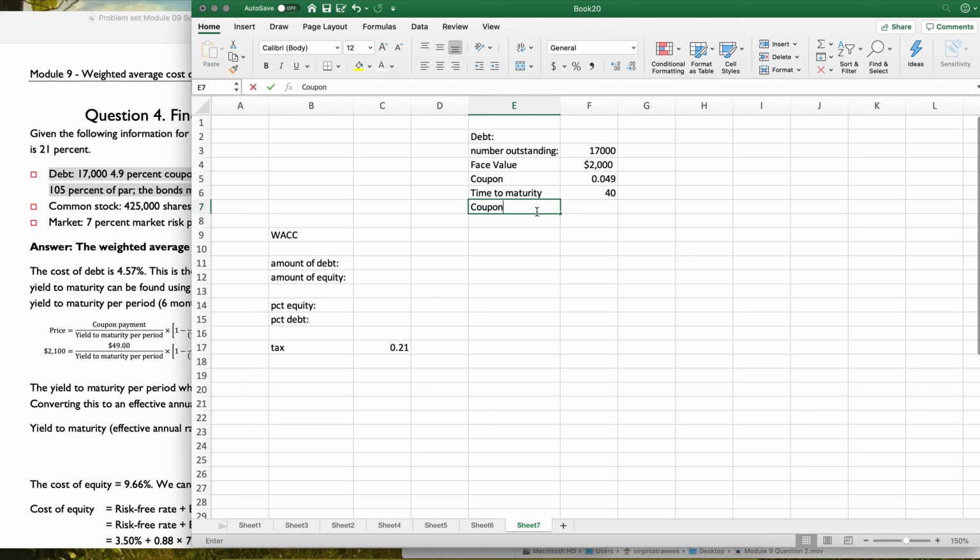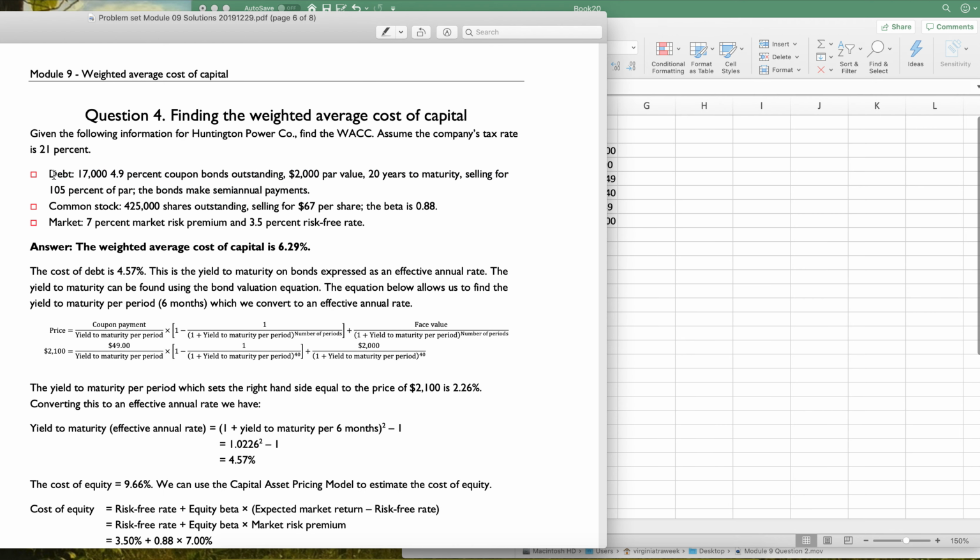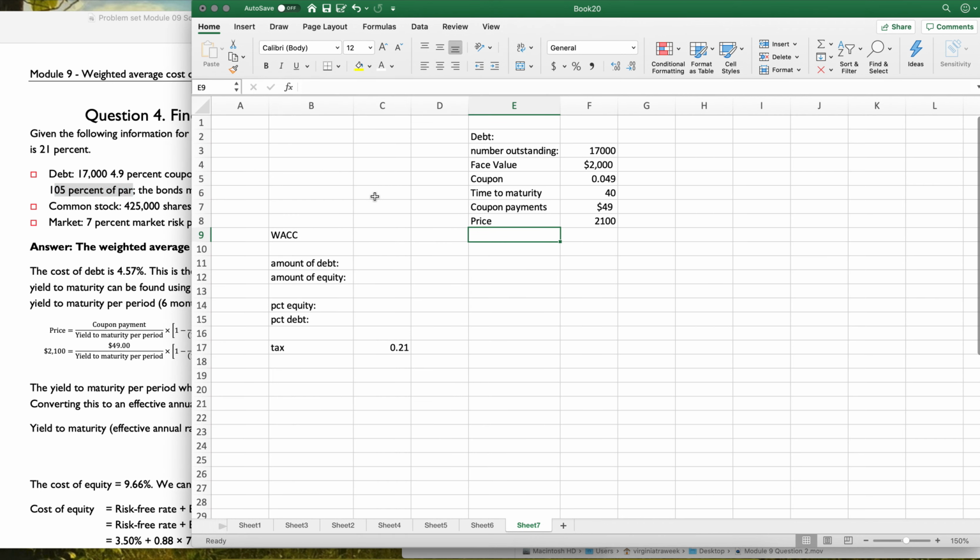Let's calculate the coupon payments. This is going to be 2,000 times 4.9 divided by 2. So every 6 months we'll get $49. And the current price that it's trading at is 2,000 times 1.05, and we know that because it's trading at 105% of par.